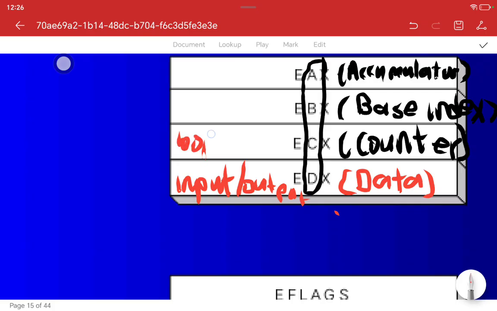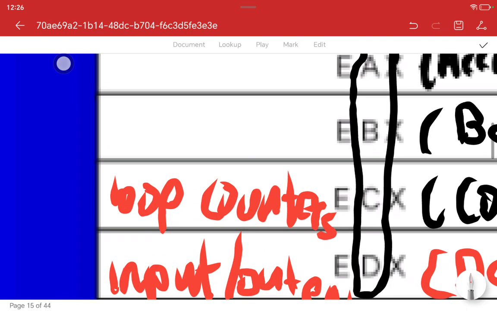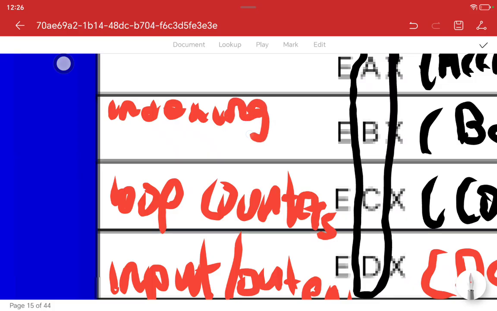Remember I said that when we are converting those loops from C++ to assembly language, or when I want to write a program that loops, I'll be using ECX. Now the base index, we said this one is used for indexing and also addressing.